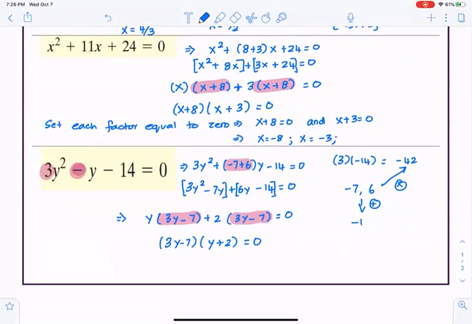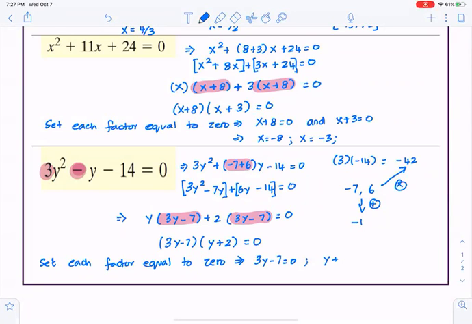equals 0. Now we just have to set each factor equal to 0. To solve for x, or y in this case, 3y minus 7 equals 0, and y plus 2 equals 0.